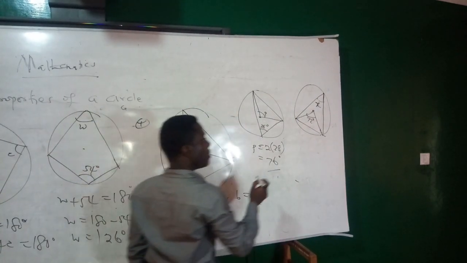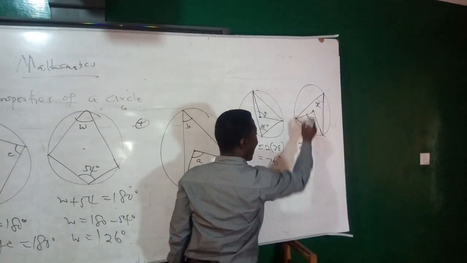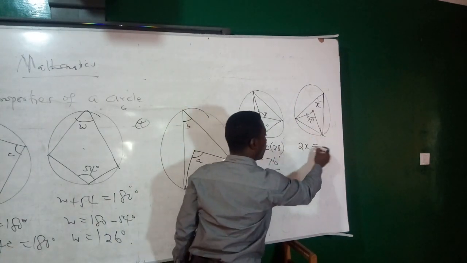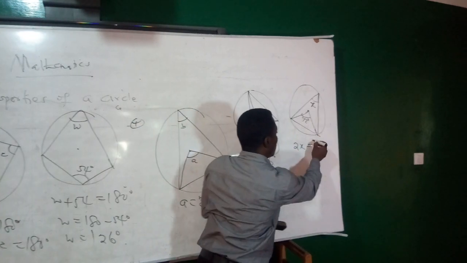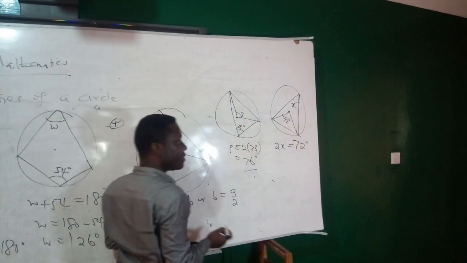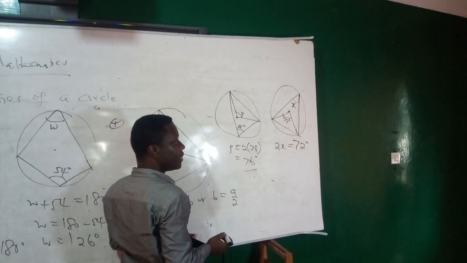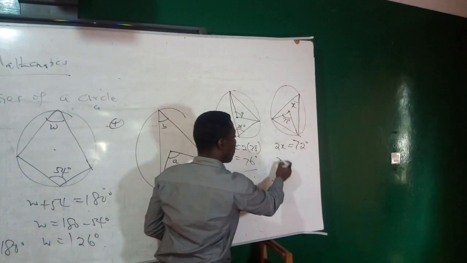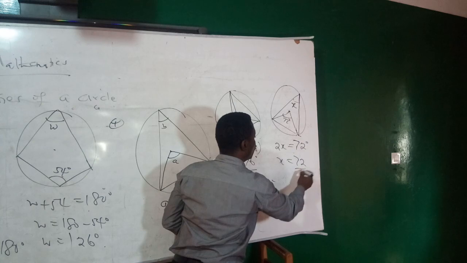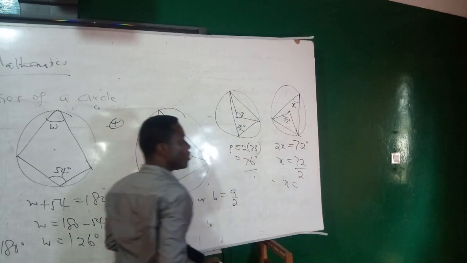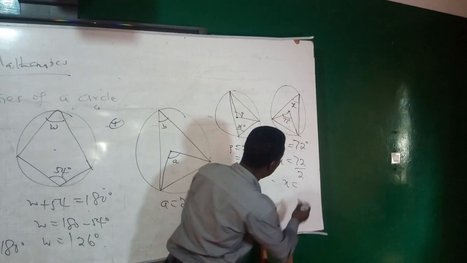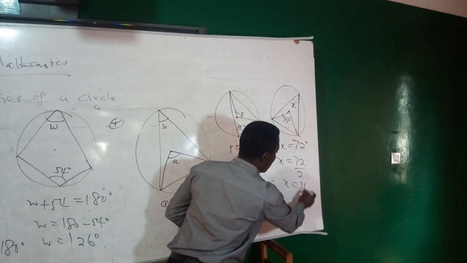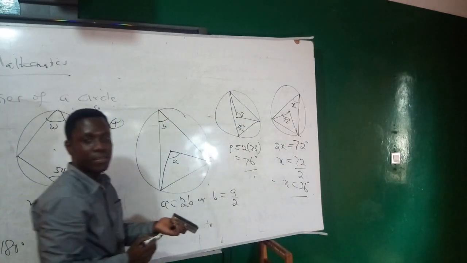Again, we know that the angle at the center is supposed to be equal to twice the angle at the circumference. So from this simple equation, our x will simply be 72 divided by 2, so that our x will simply be 2 goes here, 3, 12, 6, 36.